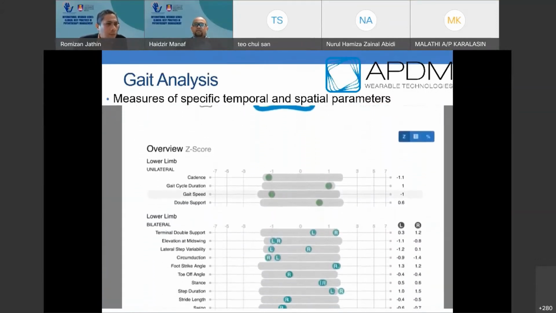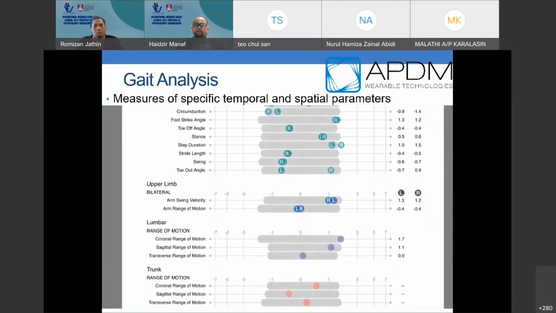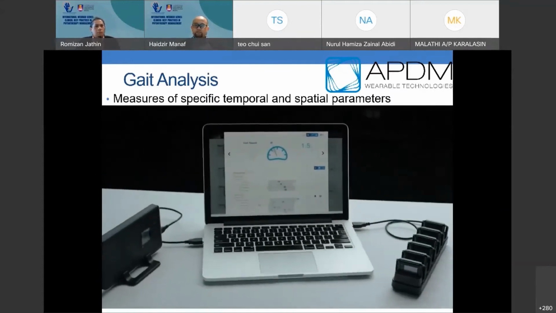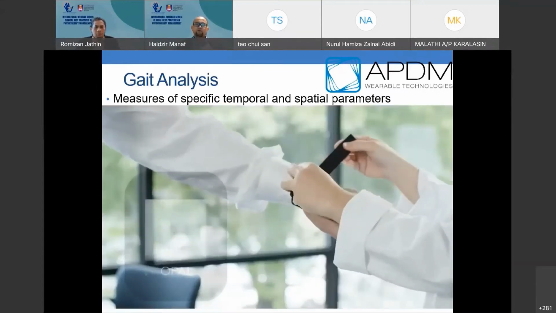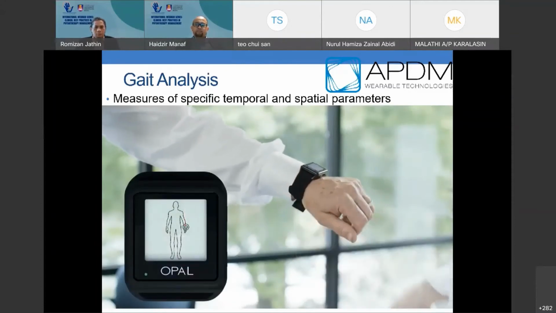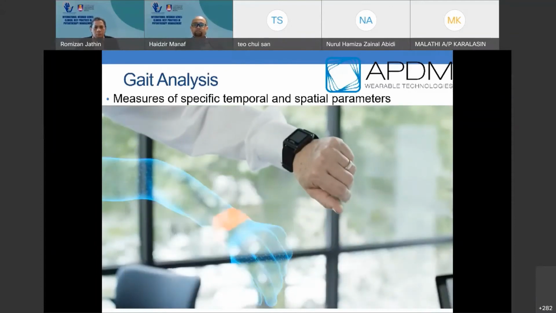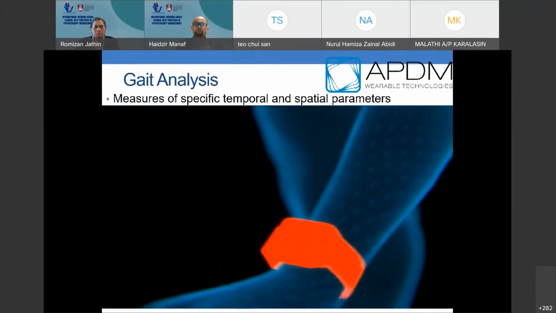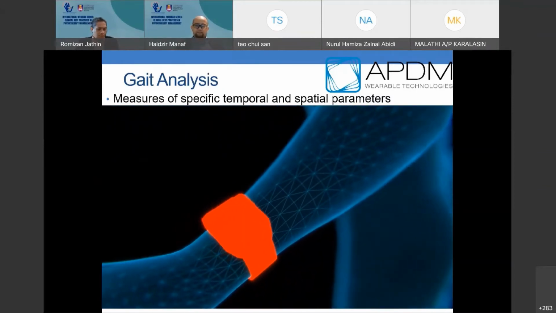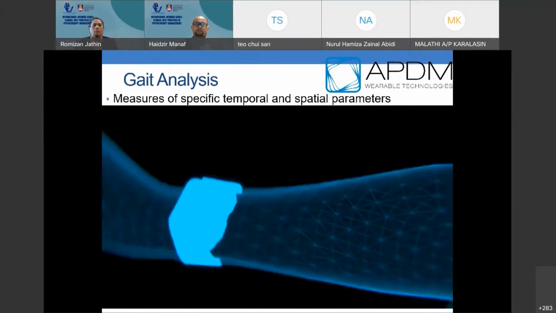So they are using sensors. You wear them at the lower limbs, on both ankles, like a watch. Or if you want extra data for the upper limbs, you can put them on both upper limbs, and you can also put one at the sternum in order to get data for the trunk.